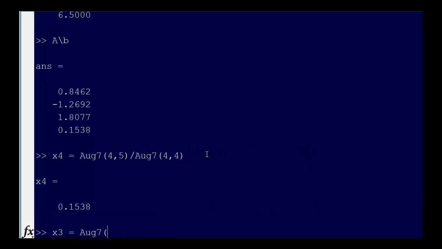So x3 is going to be og7 3 5, the third row, fifth entry, so that minus og7 3 4 all divided by 7 3 3.